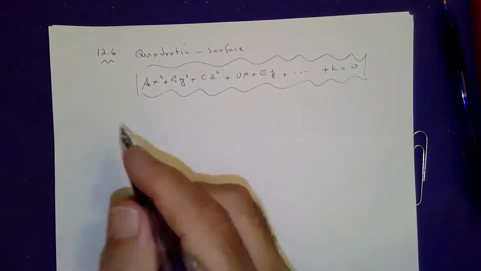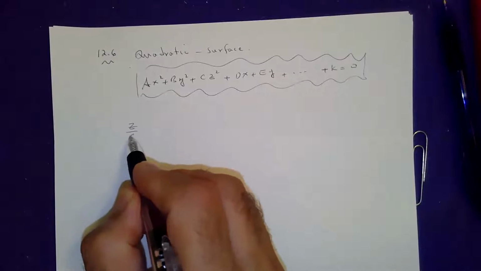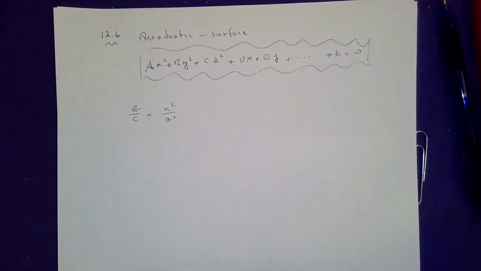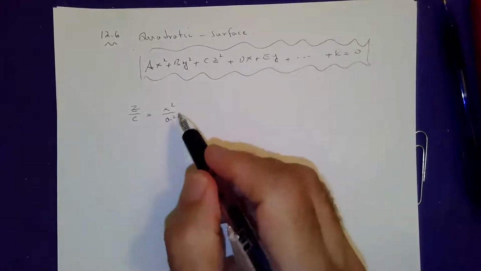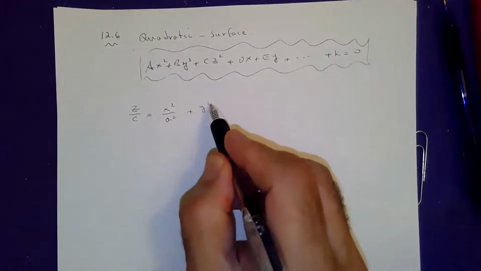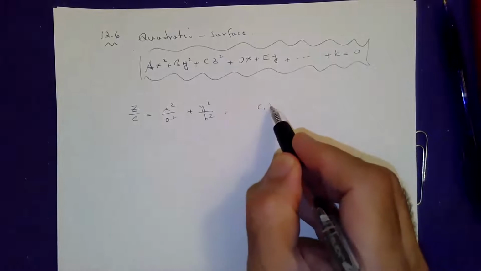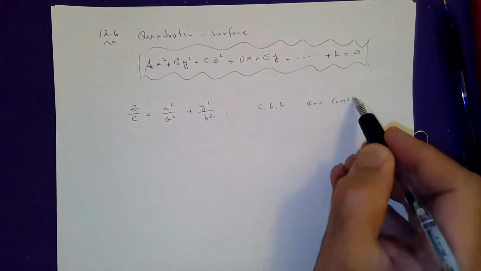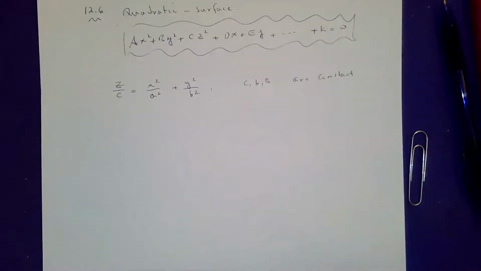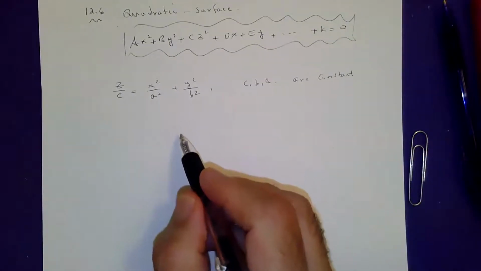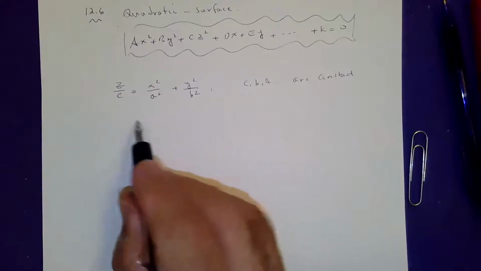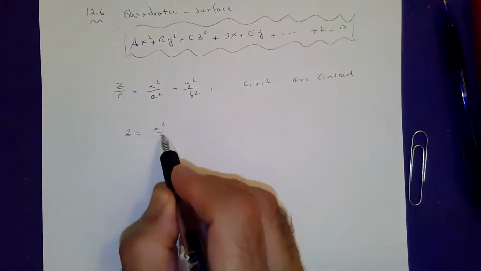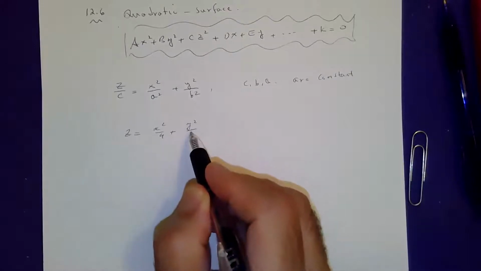So last time we talked about what happens if you have this kind of equation, like z over c equals x squared over a squared plus y squared over b squared. Remember, c and b and a are pretty much constants, correct? If you recall, last time we decided to find a projection, like the example I did was x squared over 4 plus y squared over 9.